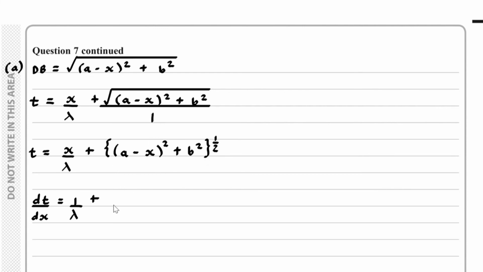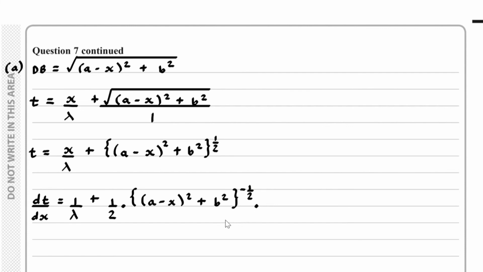So I times by the power, and then I subtract 1 from the power, so I've got a minus x squared plus b squared to the negative 1/2.